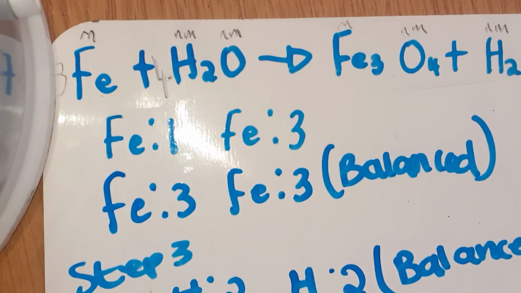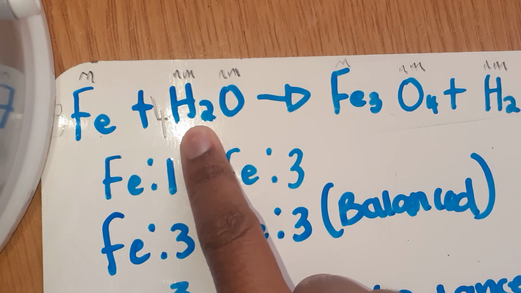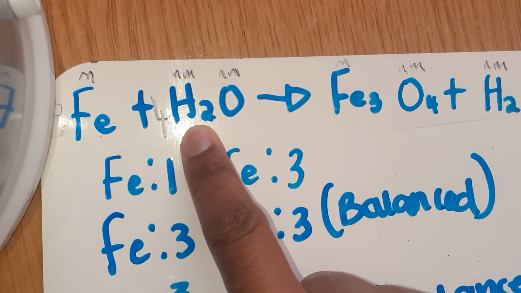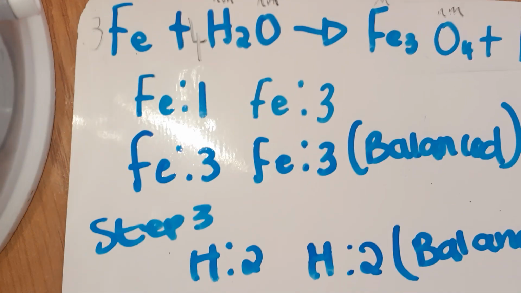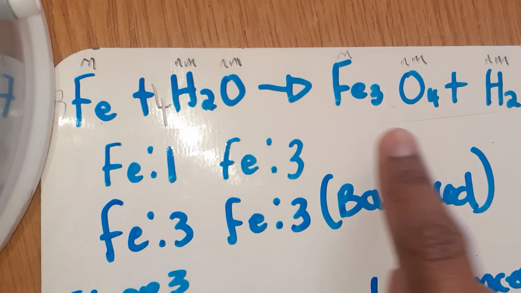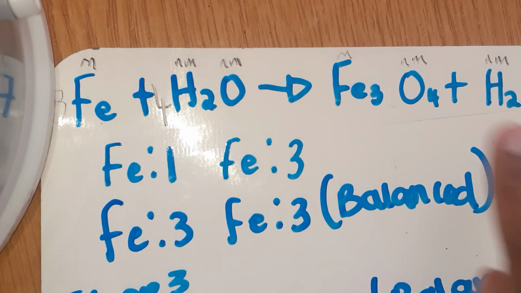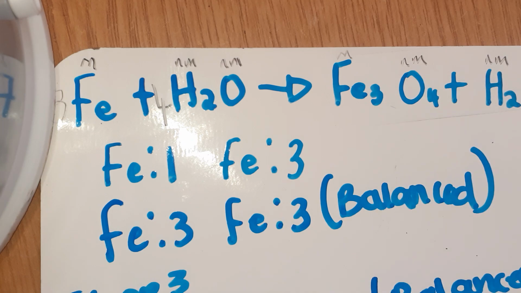But let's see, when I put 4 here, it affects the H2. We had balanced them as H as 2 this side and 2 this side, because there was 2 and 2, and their coefficients were 1. Now we say 4 times 2, we're going to get 8.